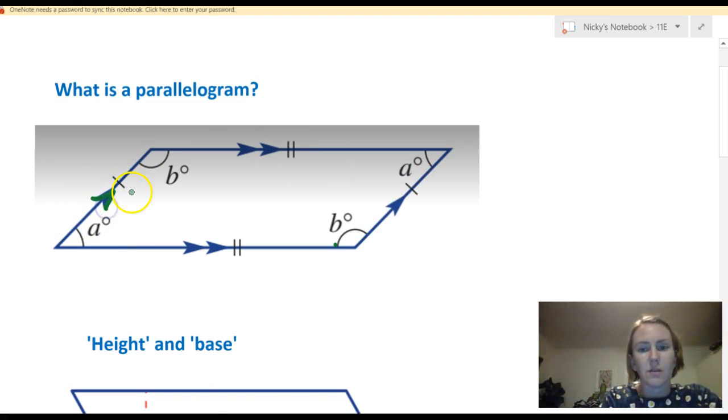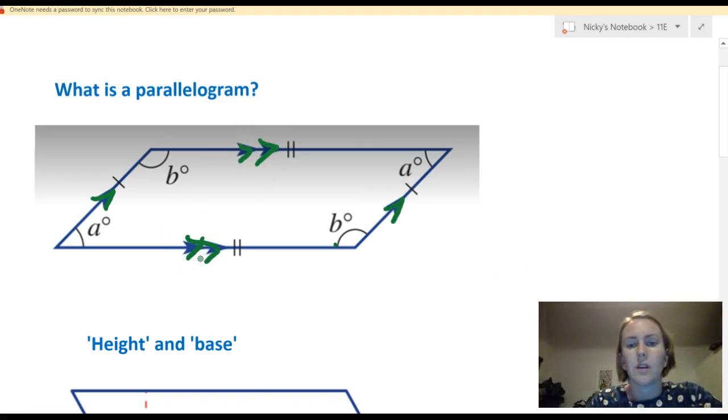We've got one set that is matching here and another set that is matching here. So it's kind of like a squashed rectangle in some ways, but with some more paired features, like a pair of matching angles and a pair of matching sides.